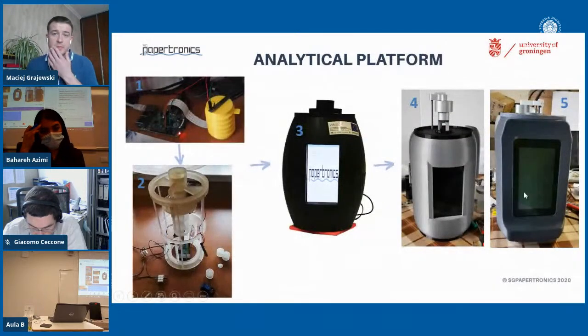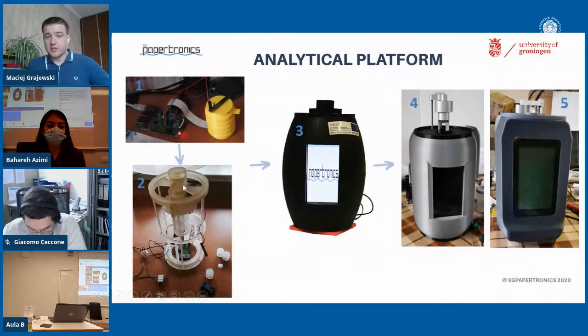A couple of words about the analytical platform. This image we've already seen. This is how we started. And at the moment when we purchased our first 3D printer, we started developing the prototype, which started expanding not only in size, but also in capabilities.